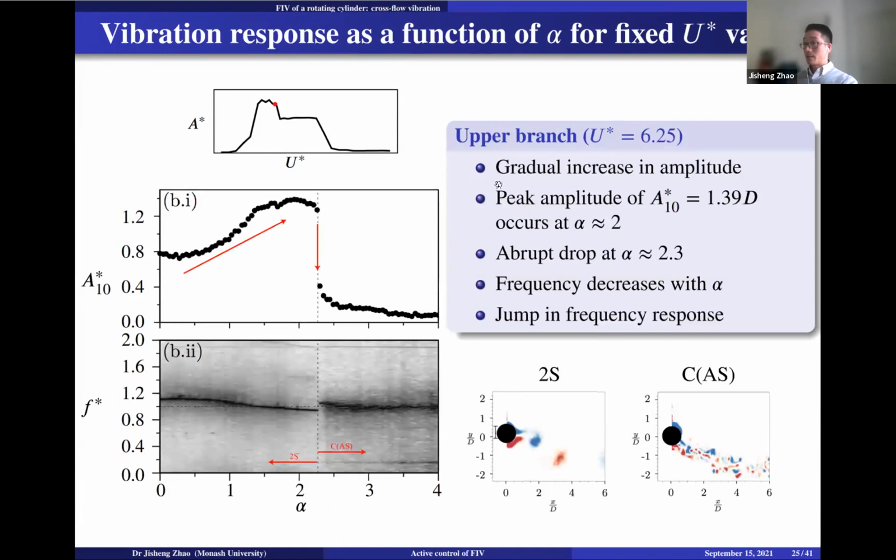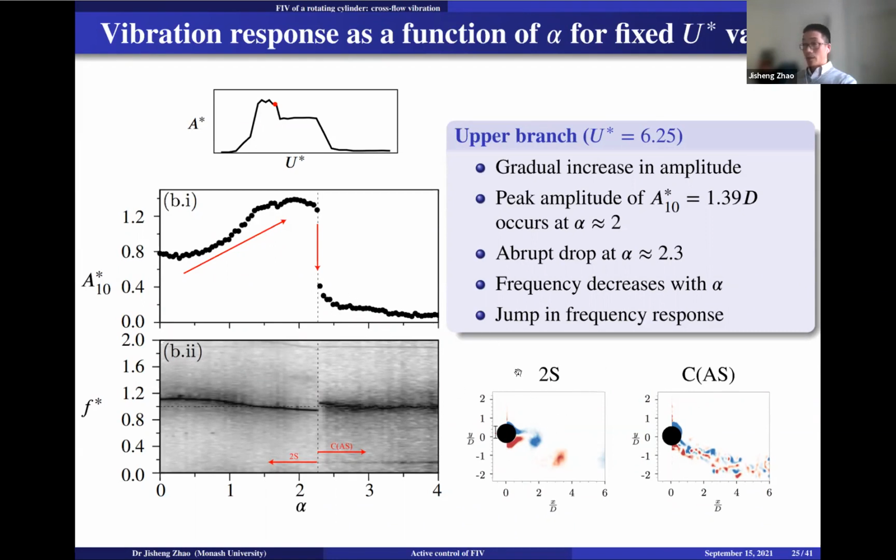All right, this is for the upper branch, which is U star 6.25. You can see a quite obvious enhancement in the amplitude, but suddenly it drops at alpha about 2.3 as well. So we look at the wake structure before the drop and after the drop.